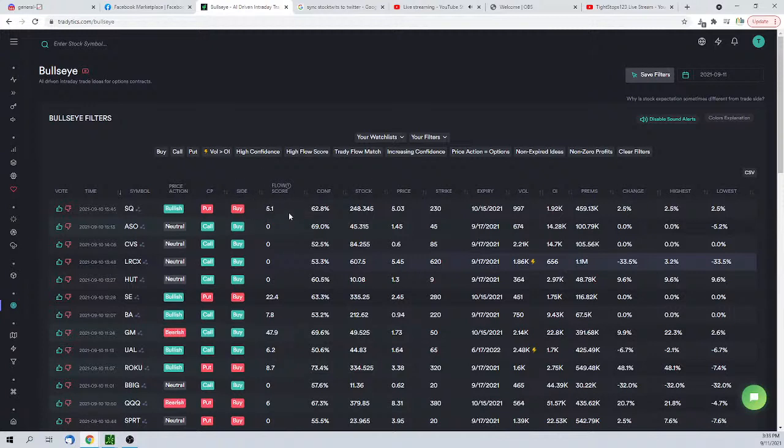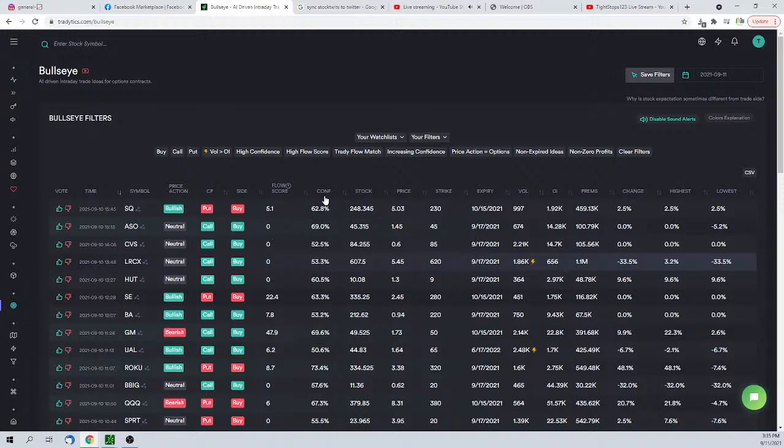The flow score is really what you want to have, a higher flow score, like these 22.7s. I like to see them at least above 5, and then I will look at these hardcore ones where they're really high, like 47 flow score. But these zeros, I'm not too interested in stuff with a zero flow score.